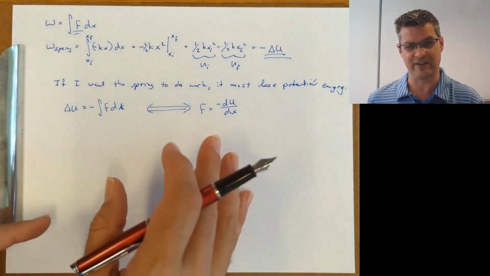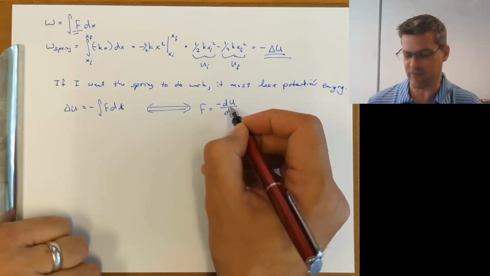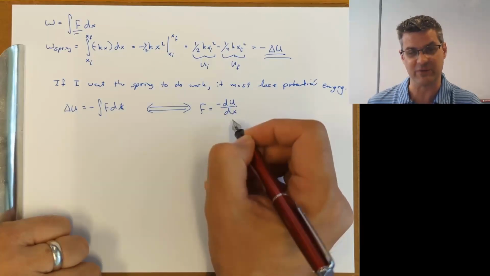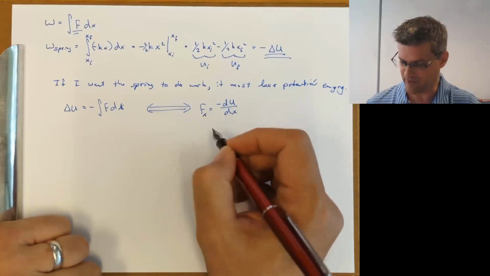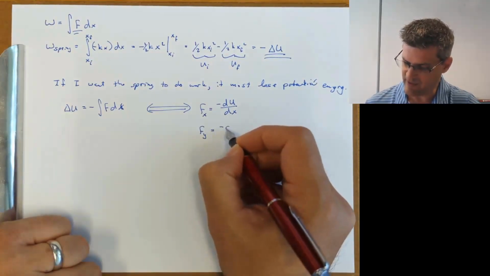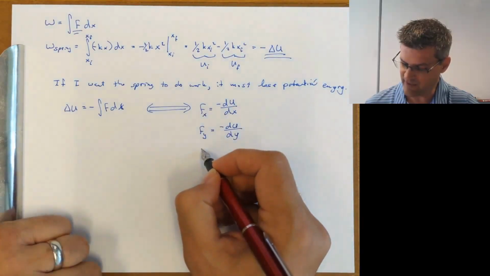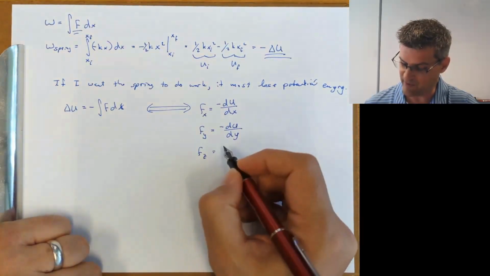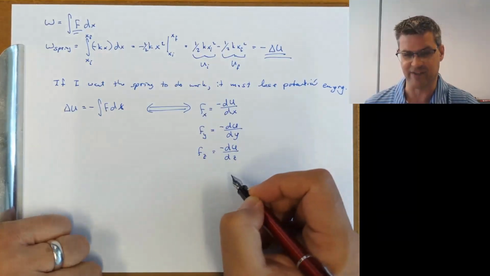Now, this energy is a scalar. Force is a vector. And so what we're really calculating with this derivative of potential energy with respect to x is an x component of force. We could also get a y component of force by looking at how this scalar quantity changes as a function of y. We can get a z component of force by figuring out how the potential energy changes as a function of z.